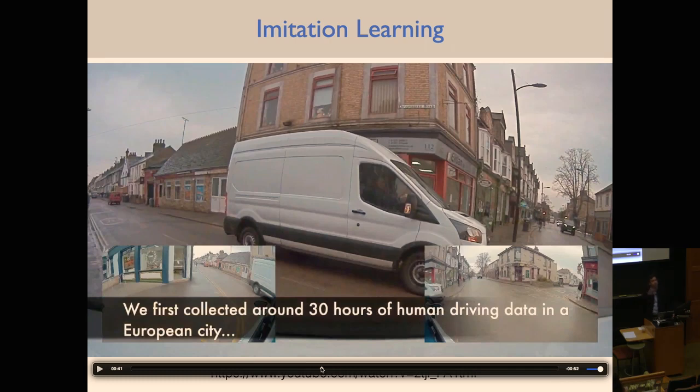I guess all cities that have nice sunny weather for the most part. But going from there to New York City or to a different country is pretty challenging, and something that's still a major open research challenge. Yep.